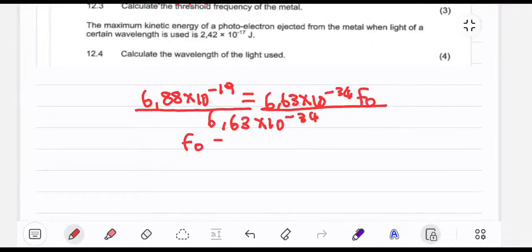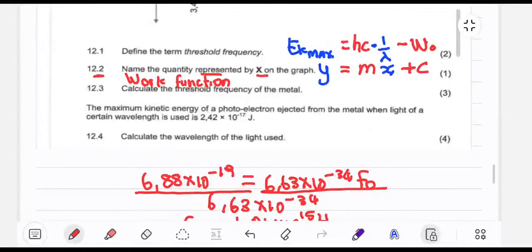Now what is the f naught we get? F naught is 1.04 times 10 to the 15 hertz.